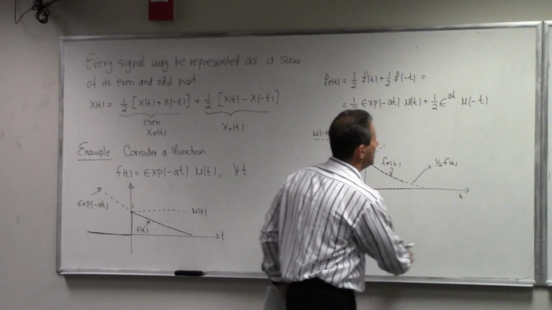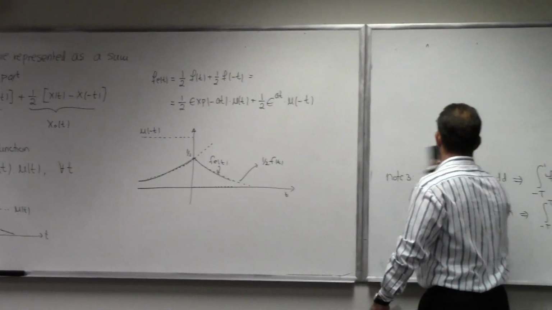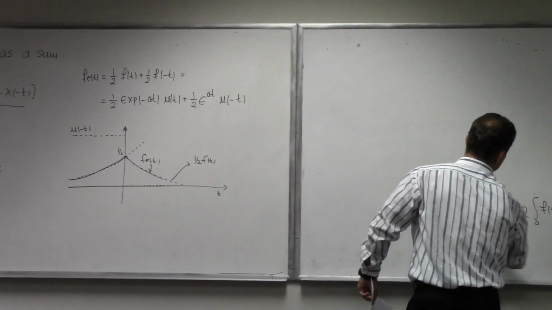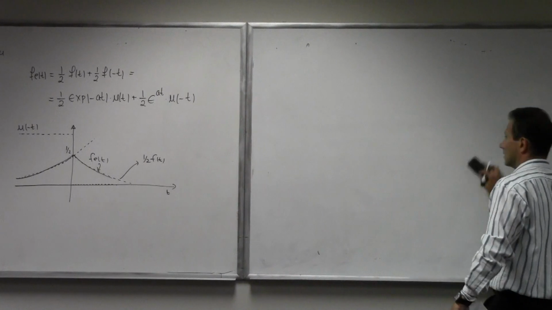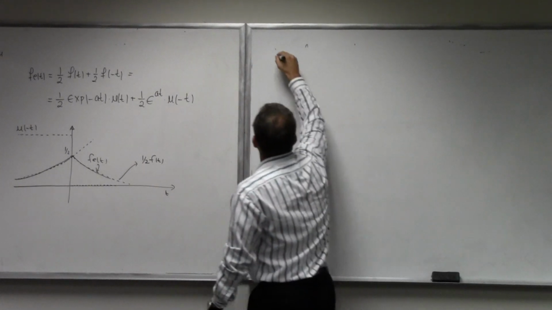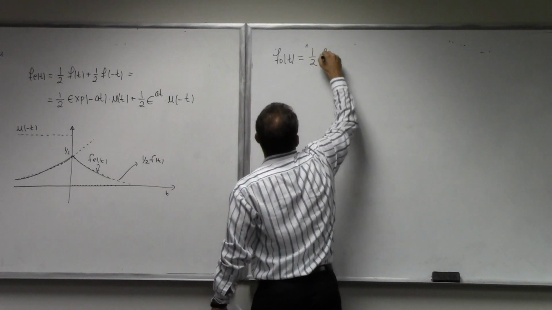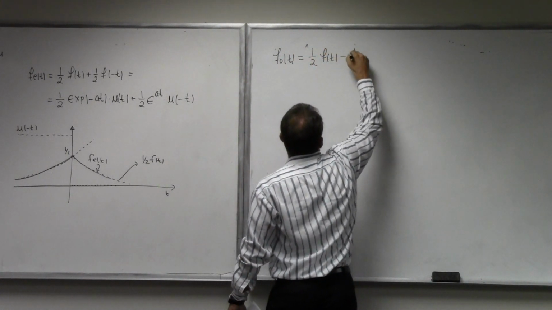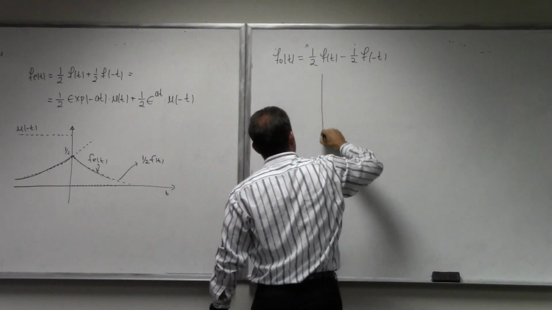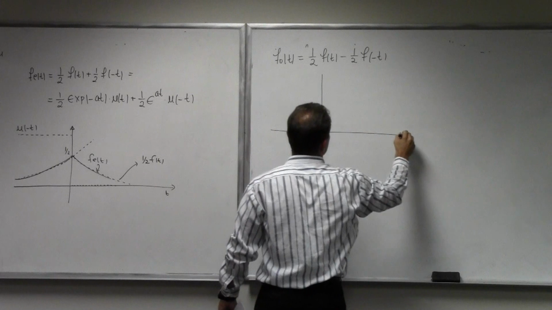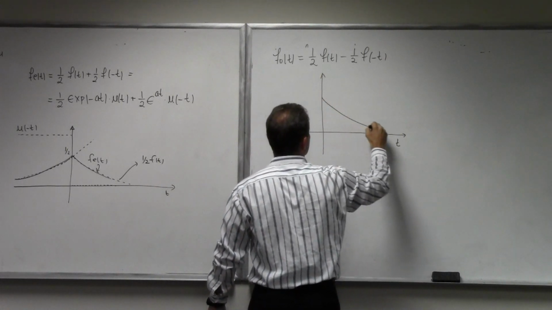If I did the same kind of analysis for the odd part, here's what I'll get. So f odd of t becomes 1/2 f of t minus 1/2 f of minus t. So we already know how to draw this. 1/2 f of t looks like this.